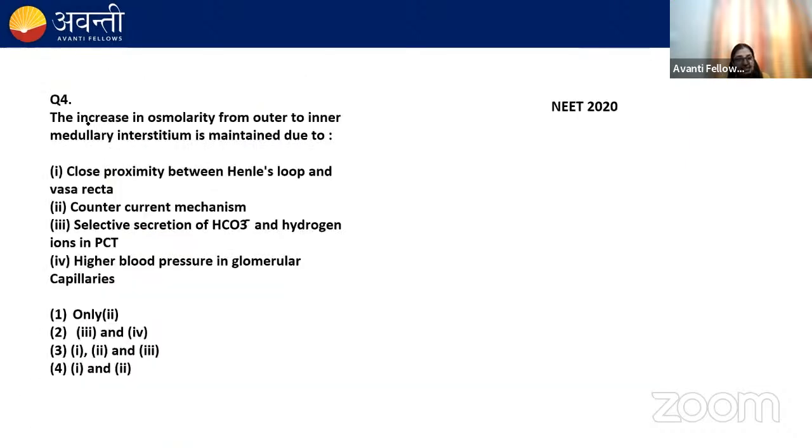Now moving next. The increase in osmolarity from the outer to the inner medullary interstitium is maintained due to.